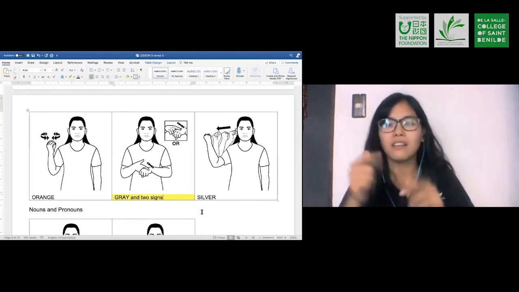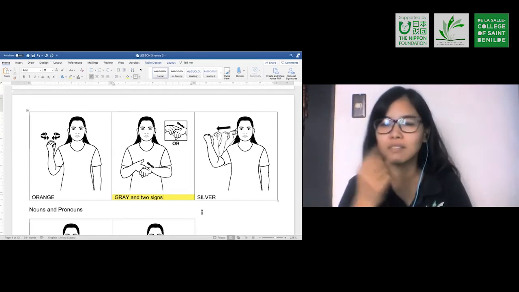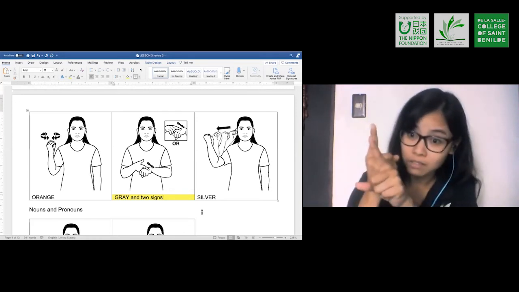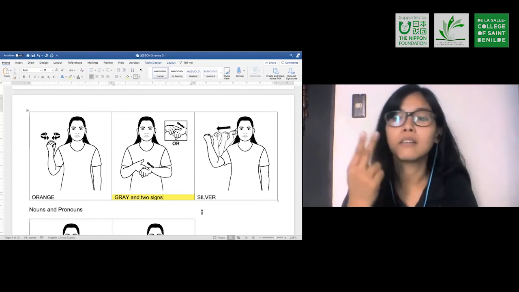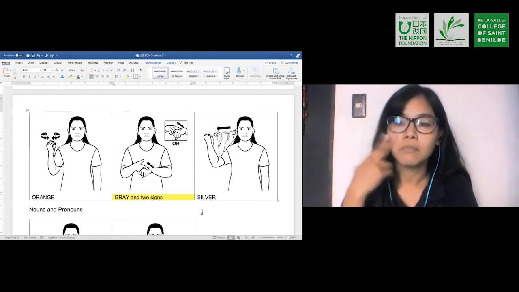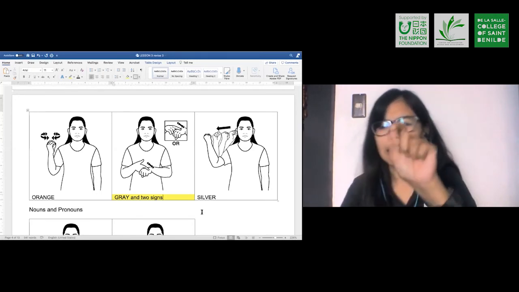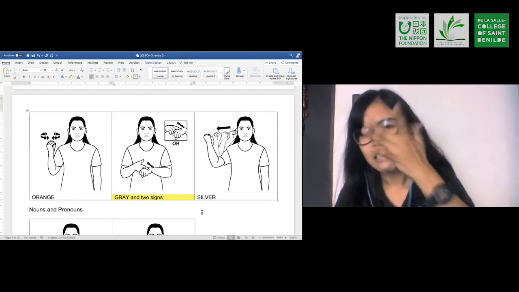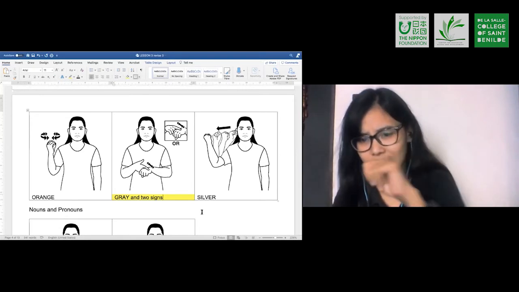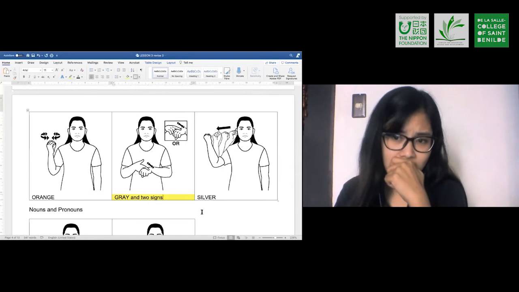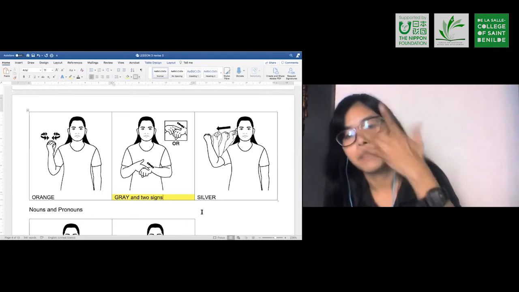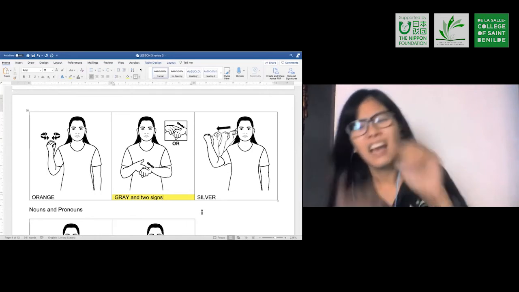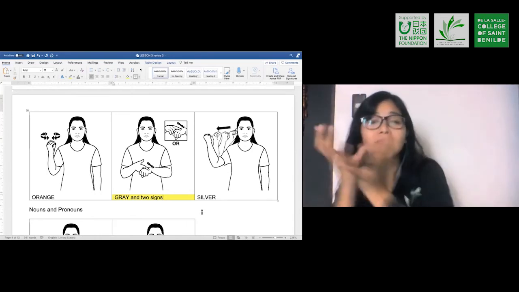To be honest, there are lots of people in the community who don't use the more FSL choices. They're influenced by ASL. Like black, or brown has also, so this is also the sign for itim, black.